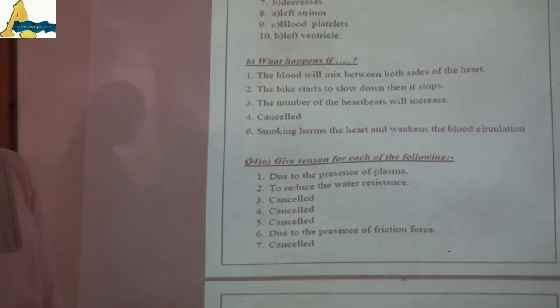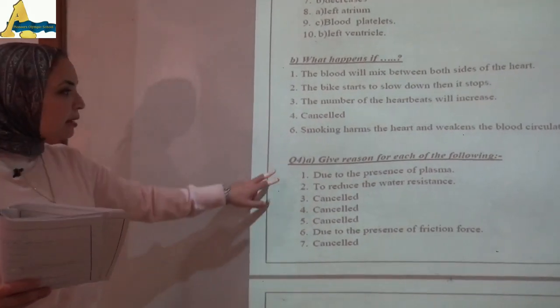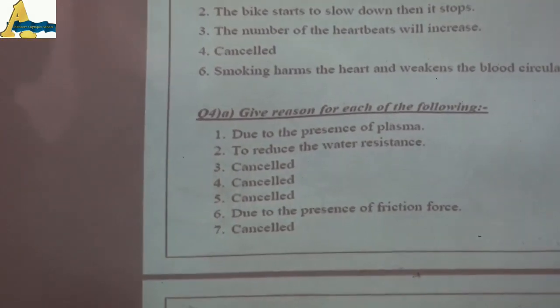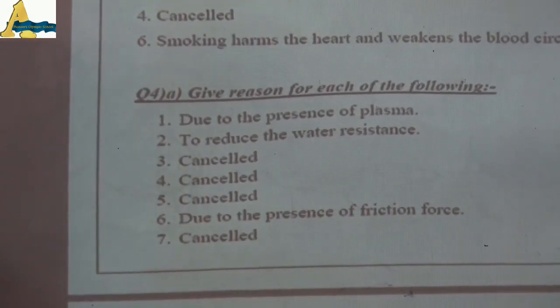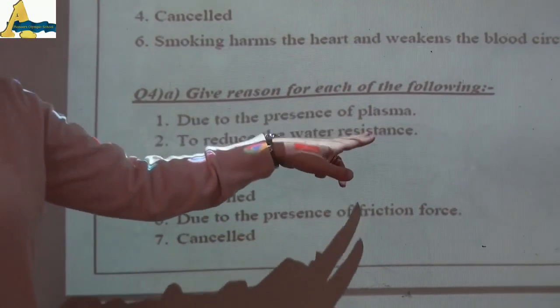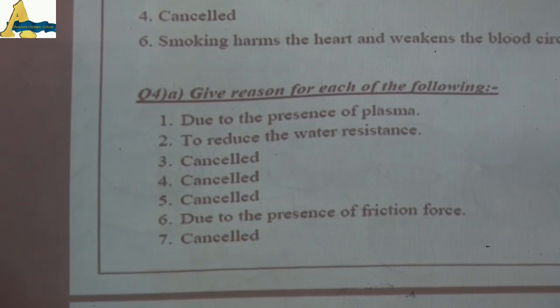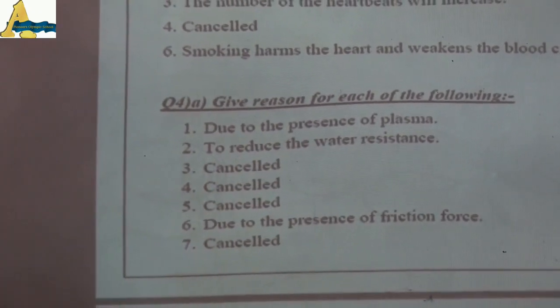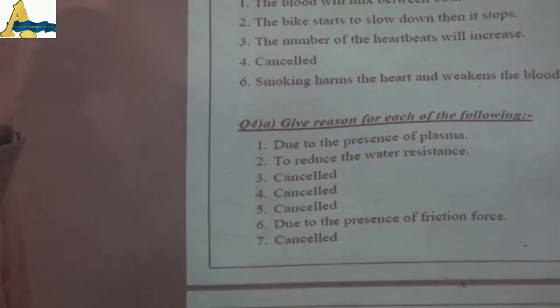Okay? Question 4. Give reason. The blood is in a liquid form. Why is the blood in a liquid form? Due to the presence of plasma, which is a yellow fluid. Page 19.